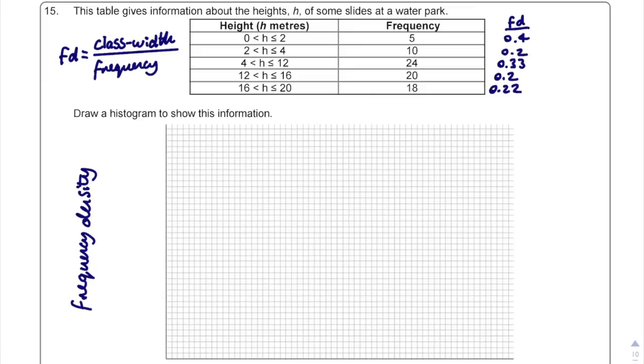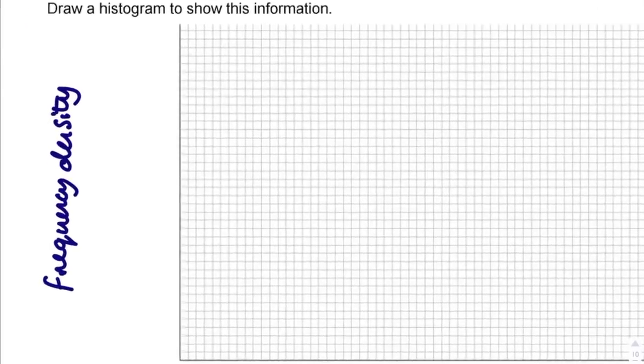So now we need to plot the information on our grid. So we're going to plot the height against frequency density. So if I draw my scale for the frequency density, what I'm going to say is for every 10 small squares, that's going to represent a frequency density of 0.1. So we can have 1, 2, 3, 4, 5, 6, 7, 8, 9, 10.